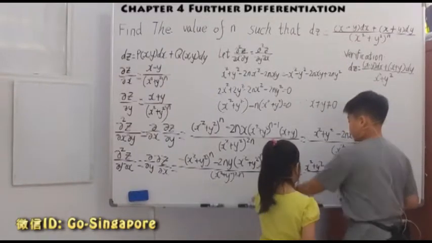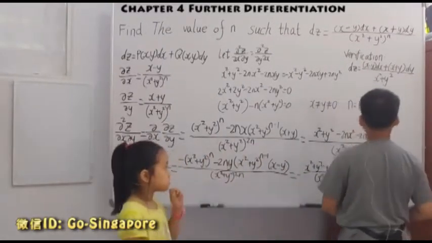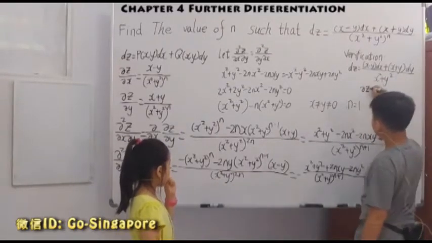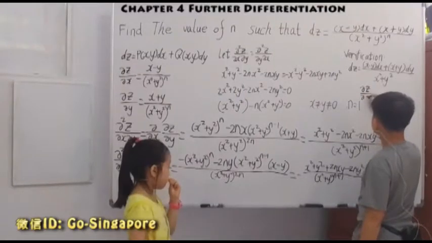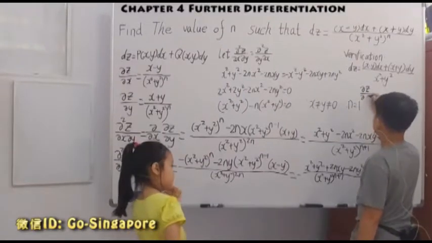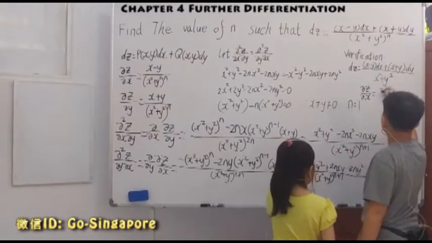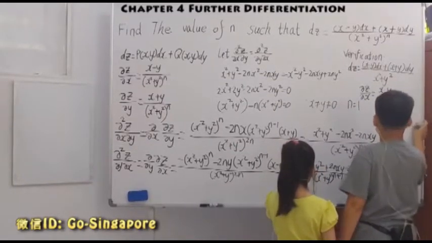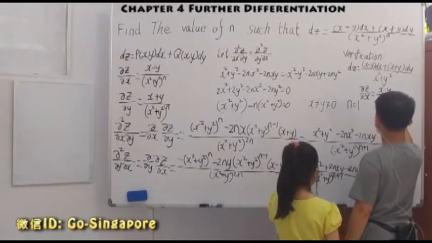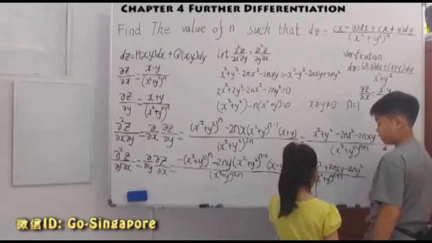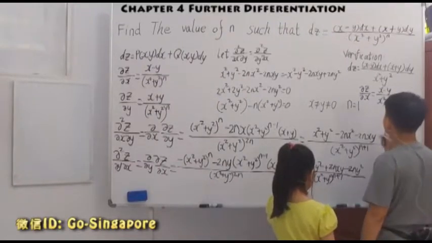Is it correct? Yes, it's correct. Before that we had a bracket and now we don't have a bracket. Yes. Is it correct like this? Yes.